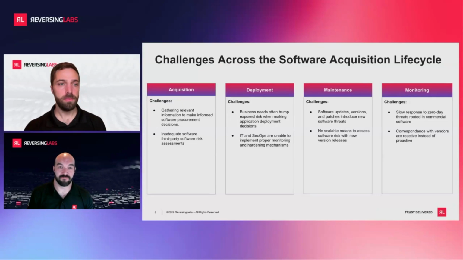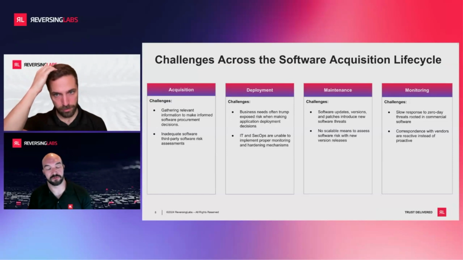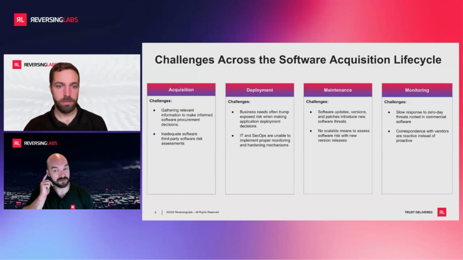So when acquiring software, businesses really struggle to gather relevant information to make risk-informed software procurement decisions because one, vendors are sometimes reluctant to share software composition data and risk analysis reports. Or two, existing third-party software risk reporting lacks the details about specific software solutions, like what Dan alluded to in the previous slide about the inherent gaps in those aforementioned methods in deciphering the software level risk.